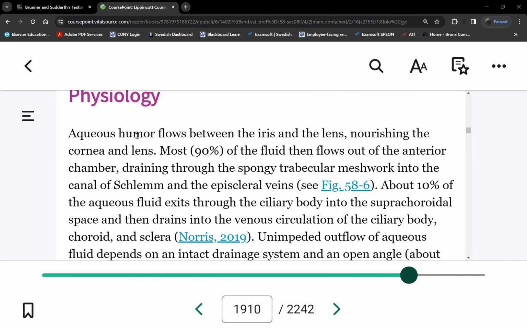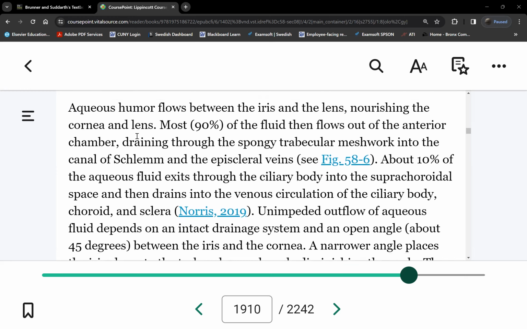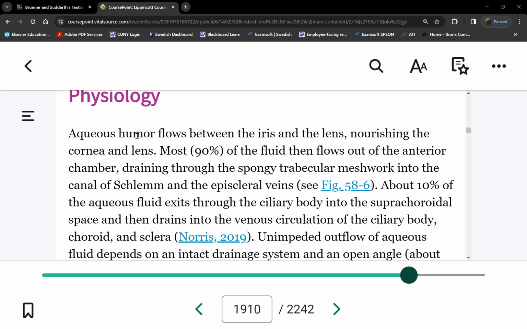So what happens in glaucoma? Again, the mechanism here can vary, but all of them have one thing in common. Either the aqueous humor production... What is aqueous humor again? This is the liquid that is contained in your eyeball. If you stab your eyeball, the liquid that comes out is called aqueous humor, right?